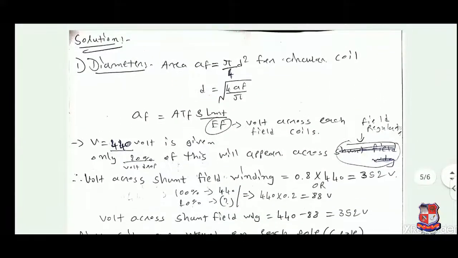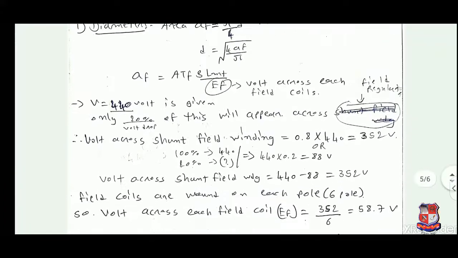So VT in total is 440 volt. Consider 100% as 440 volt, and what will be 20% of it? It is 88 volt. So we need to subtract this 88 volt from 440 volt.